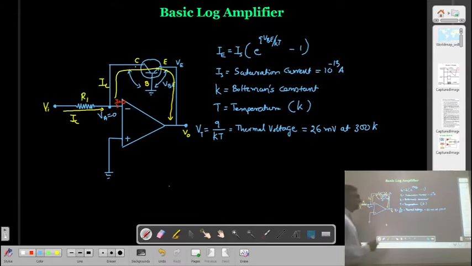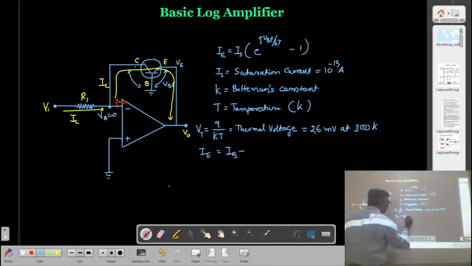Now, already mentioned is that the base current is going to be 0 because the base is connected to the ground. It means this emitter current we can write as the base current plus the collector current.